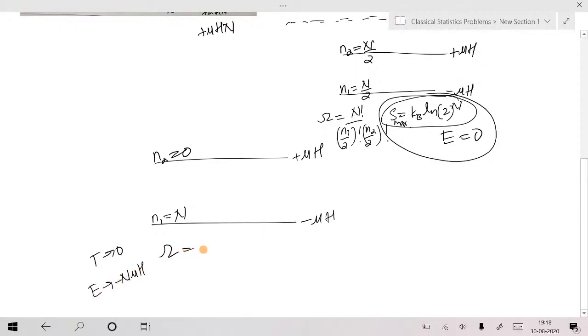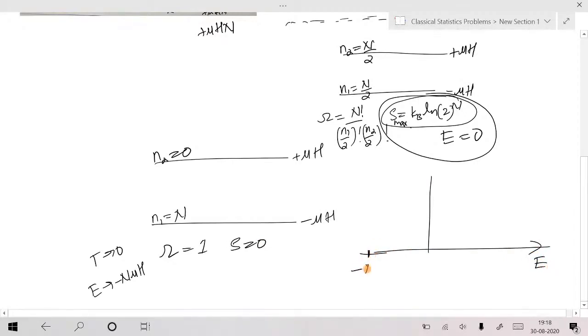So the number of microstates is equal to 1, entropy is equal to 0. Let me start with this one. This is your energy, so somewhere here you have minus n mu into h. Your entropy is 0 here. When entropy will touch some maximum value, that is the situation when n1 is equal to n by 2, n2 is equal to n by 2.